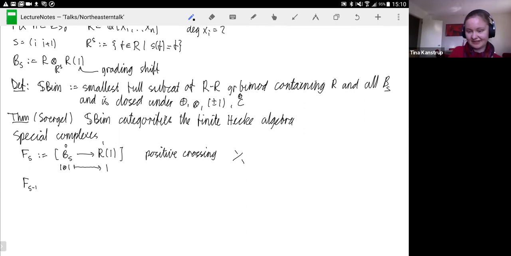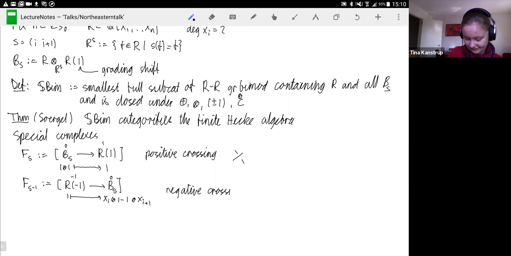And if I have one crossing, I should have something for the opposite crossing. And that something is the following. Now I put my R in degree -1, and my B_s in degree 1. This map is defined by sending 1 to x_i tensor 1 minus 1 tensor x_{i+1}. So this is a negative crossing, the opposite one.